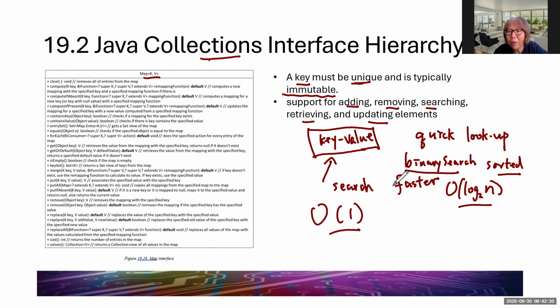Why is that? Because of the key. So that's a general idea about Map, and we will see the map application in our example so that we can have a better understanding about it.